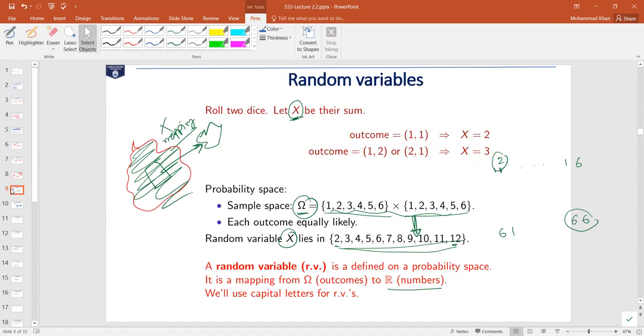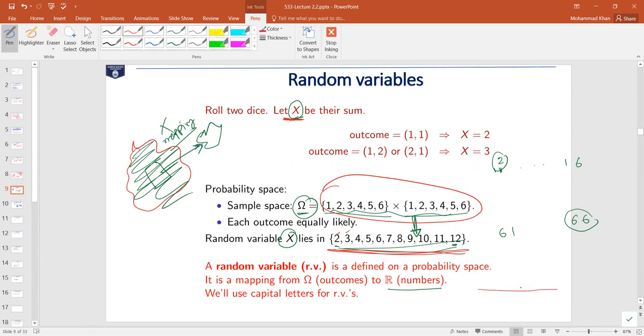For example, here, random variable X is mapping to these values. So these are the values, and this is the sample space. What portion of the sample space is for this number, and what portion is for this? The distribution will tell us that.